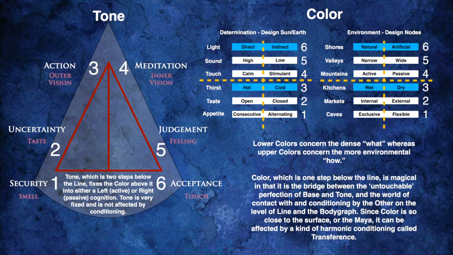And they can be deeply interested in things in the same kind of way a third color might. But the issue that can take place for somebody who has a 6 color determination or a 6 color environment is being seduced into being in the middle of things, in the middle of a cultural happening, in the middle of a city, in the middle of where all the action is.